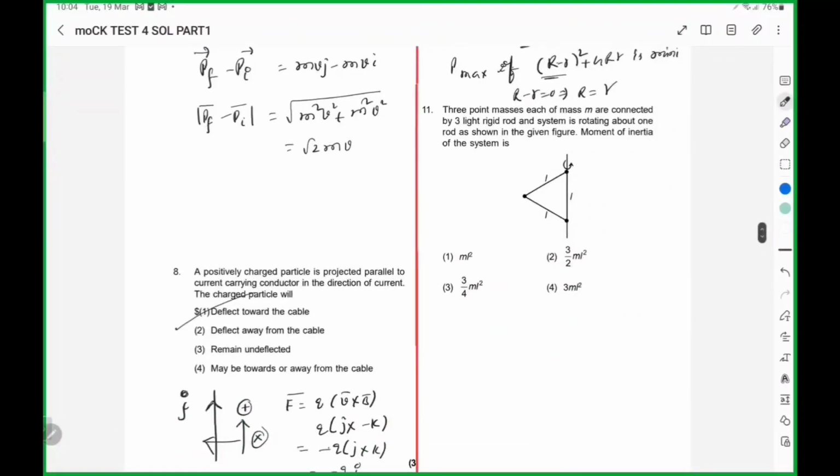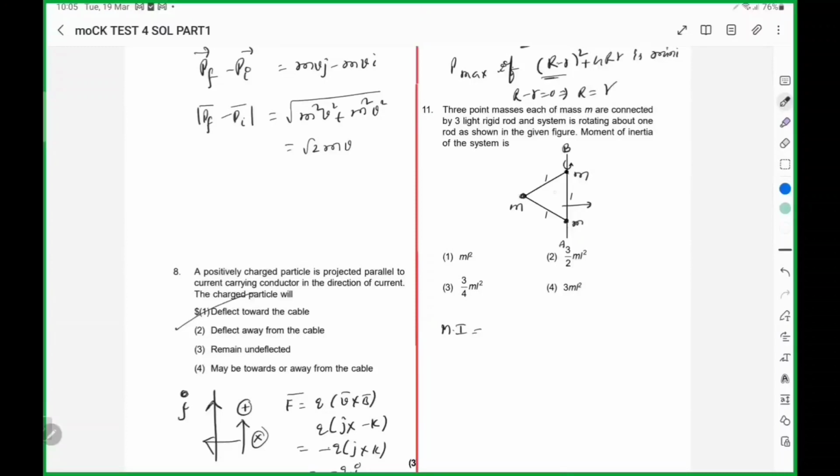The 3 point masses, each of mass M, are connected by three light rigid rods and the system is rotating about one of the rods. Let us assume that the system is rotating about AB. Moment of inertia: about this axis, masses on the axis have no inertia.